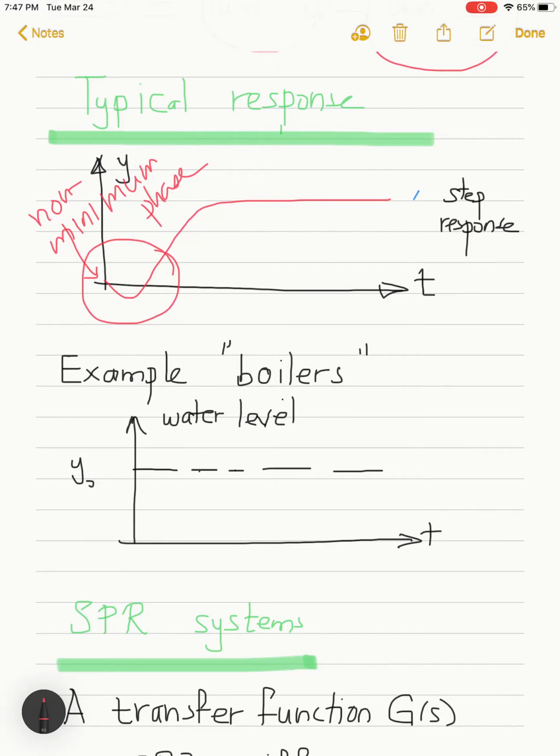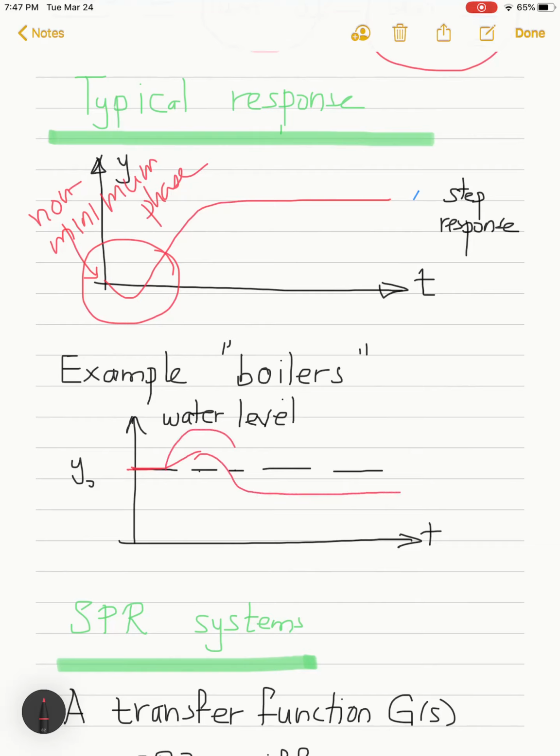If you imagine that you have a boiler and you keep applying heat to that boiler, then we expect actually the level to go down because of the evaporation process. But what happens is that initially, if this is the initial level, you'll find that the level increases, and then after a while it decreases because of the evaporation.